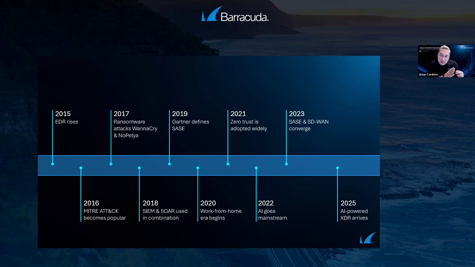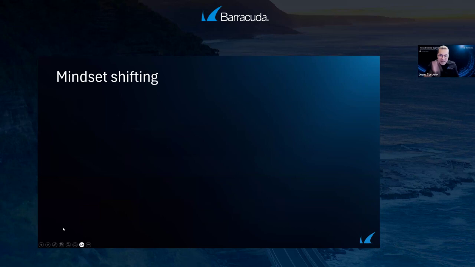SASE became the new standard, also driving zero trust adoption through the last years, massively pushed out by the pandemic in 2020, and evolving and converging with a lot of other technologies in the last 5 years. So this leads us to a mindset shift.